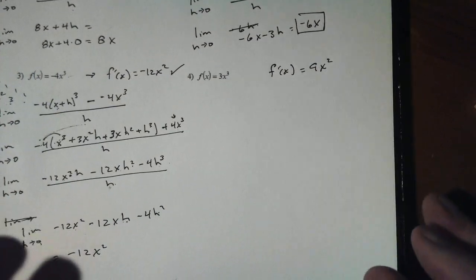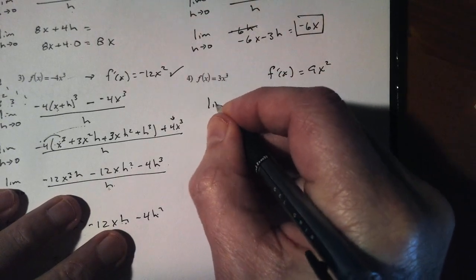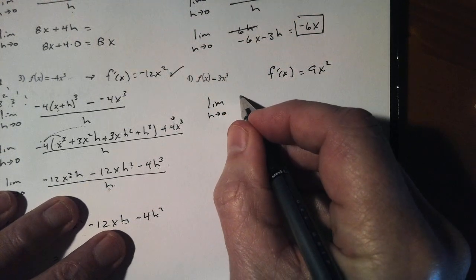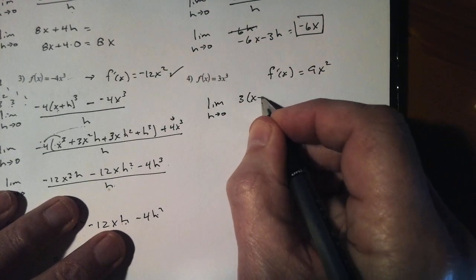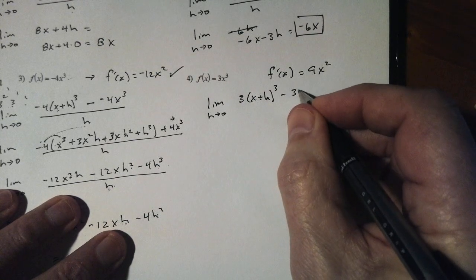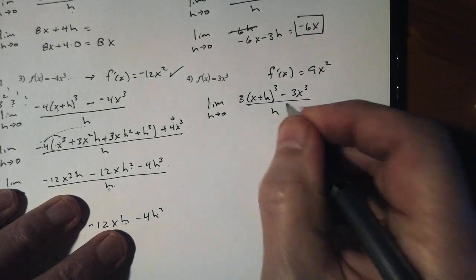Welcome back. Hope you tried it. If you didn't, last chance. So I want the limit as h approaches 0 of 3 times x plus h cubed minus 3x cubed all on h.